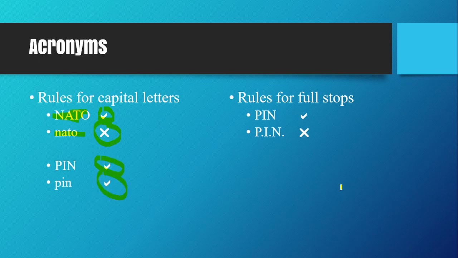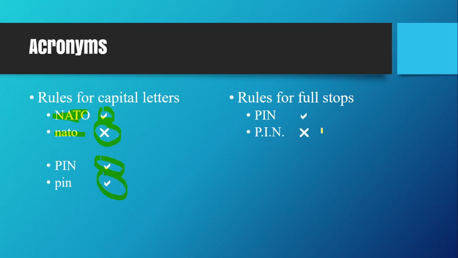Okay, so rules for full stops. You know that we are pronouncing acronyms as a full word. Therefore, we will not use full stops in between the letters. If you are putting full stops in between the letters, then we cannot pronounce it as a single word.